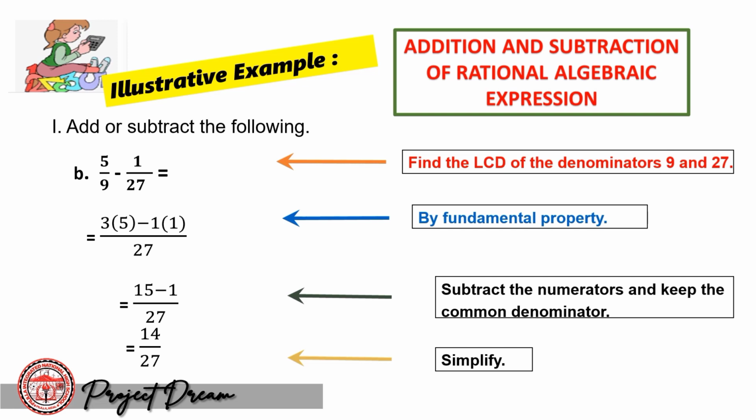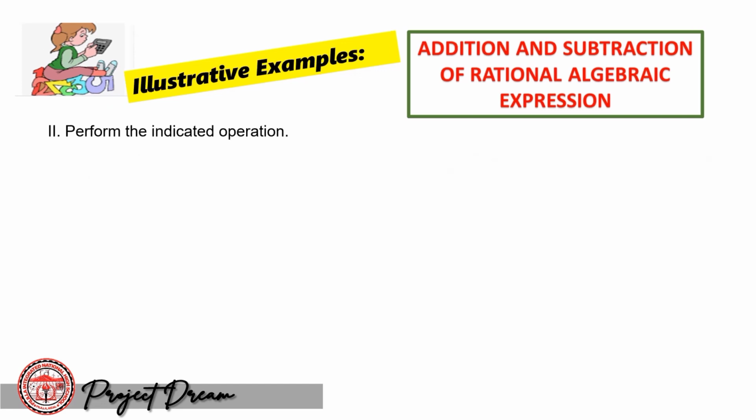numerator and denominator. Now, for our next example, we have 4m over 9 plus 5n over 9. The given is a similar rational algebraic expression.